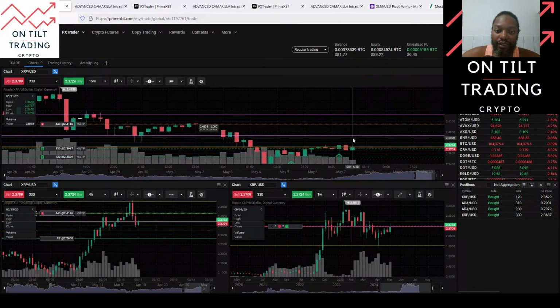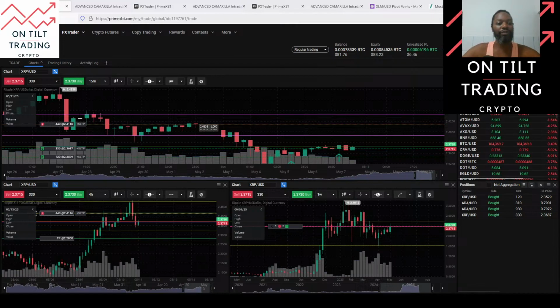Not yet to the S4 level, but still doing some consolidation in this area. And both have about the same distance to target. Just Ripple looks a little weaker than Cardano. But this is what I'm looking at this morning for crypto market analysis.